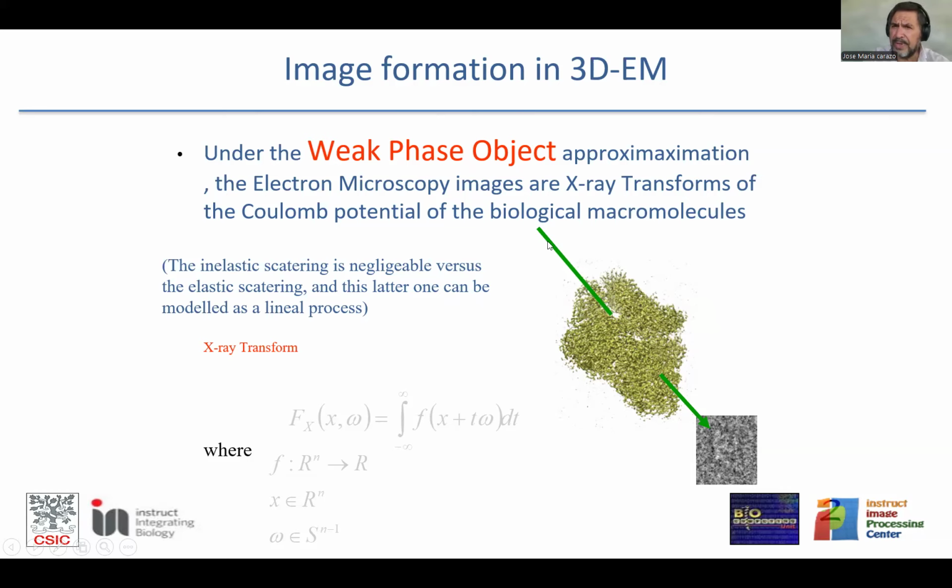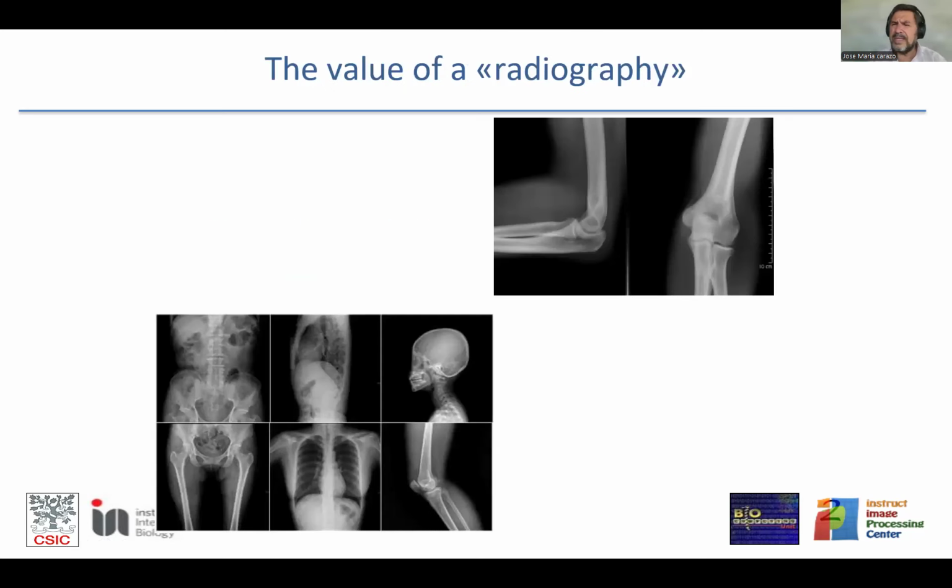It's a line integral of the Coulomb potential of the specimen. And this is very interesting, because suddenly these things of weak phase object, electron microscope as something with a wavelength very small, doesn't seem to be simple to understand, but just come out to be very simple, because we are all used to radiographies.